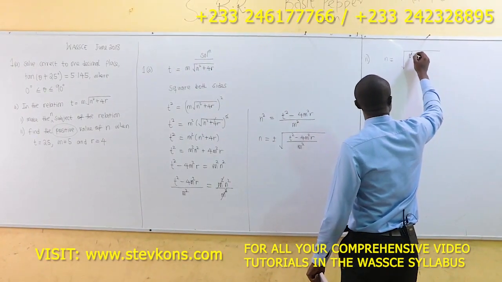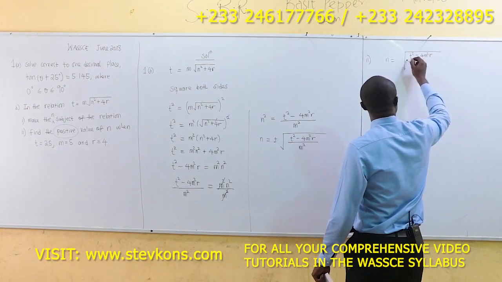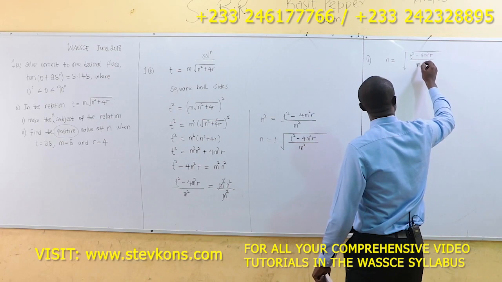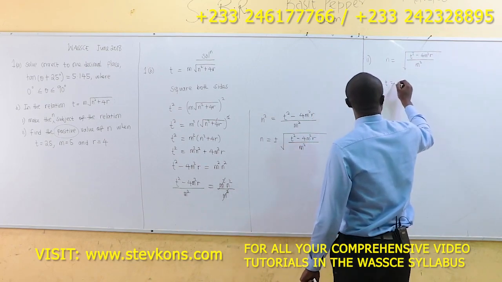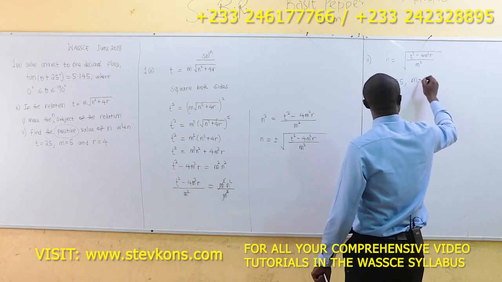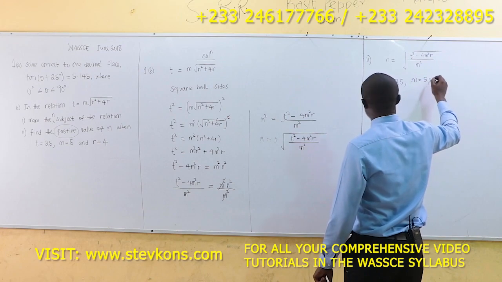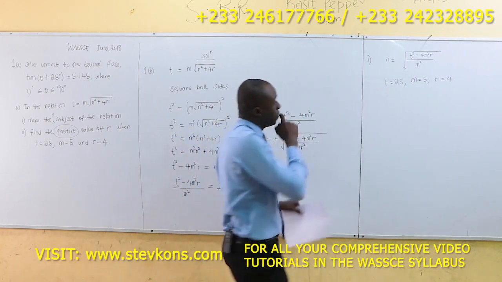So we have t squared minus 4 m squared r all over m squared. Now, what is t? t is 25. What is m? m is 5. What is r? r is 4. So we have to substitute.